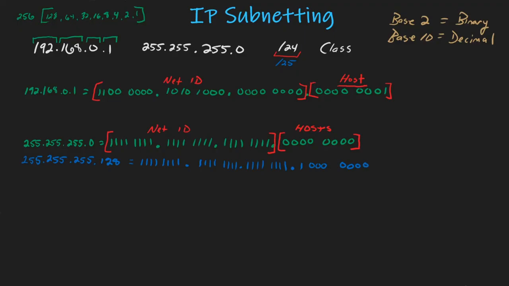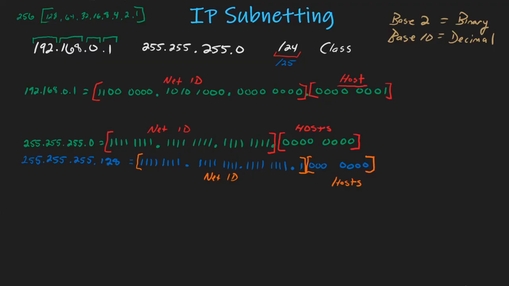Okay, so here is our /25, and we can confirm that this is in fact a 25 because we have 25 ones starting from left to right. And this is once again our network ID. And then we are only left with 7 bits of zeros here for our hosts.